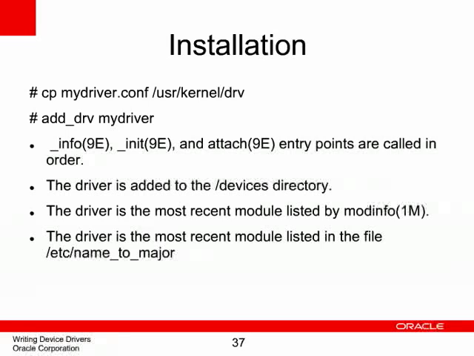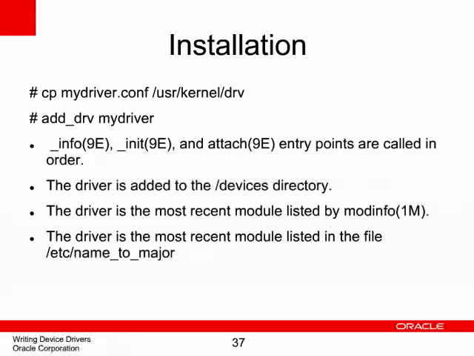There's a new policy: people are putting local customizations for drivers in /etc/driver/drv, but it needs to be in a place that the kernel can find it. You can run the command add_drv and my driver name. It'll ask you some questions about where the driver is located.